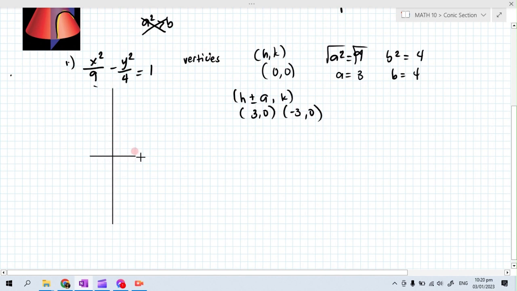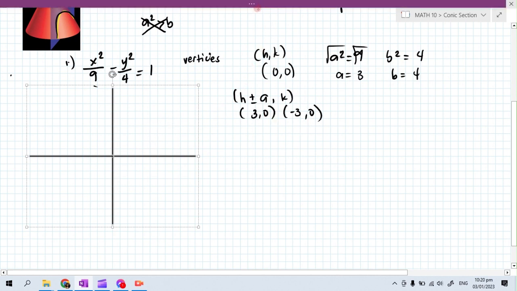Here we go. First, we plot our vertices: 1, 2, 3 over here, and 1, 2, 3 here. Then, to plot our asymptotes, we should look for a and b, so the corner points are plus or minus a and plus or minus b.